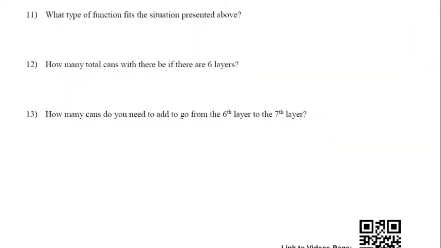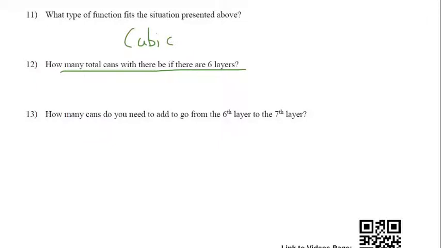Number 11 we've already answered. What type of function is the situation? It's cubic. How many total cans will there be if there are 6 layers? Remember, layers is your x value. So just plug in 6 for x.